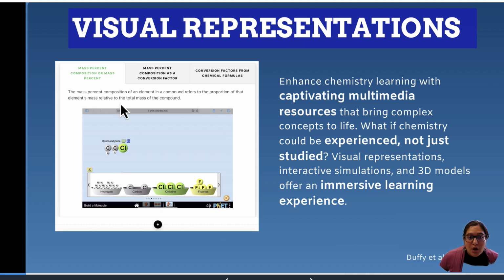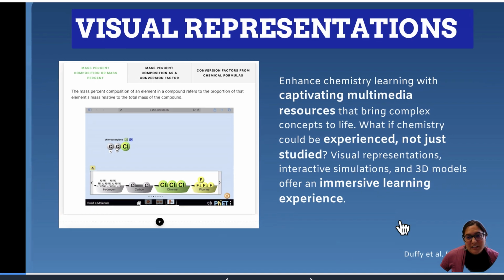The use of this type of multimedia tool allows us to create this captivating multimedia resource that brings complex concepts to life. It gives this hands-on approach, and it allows for the visualization of abstract materials.